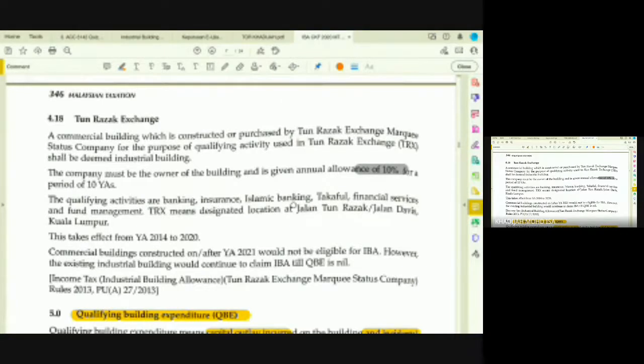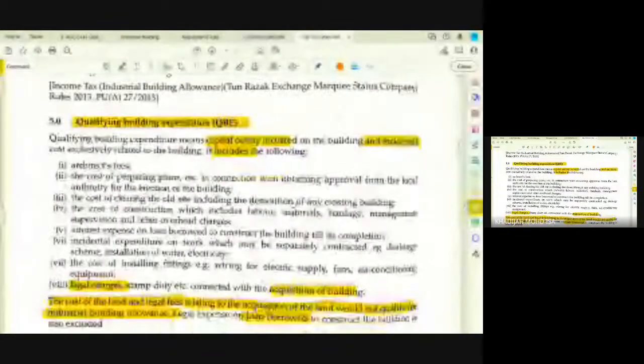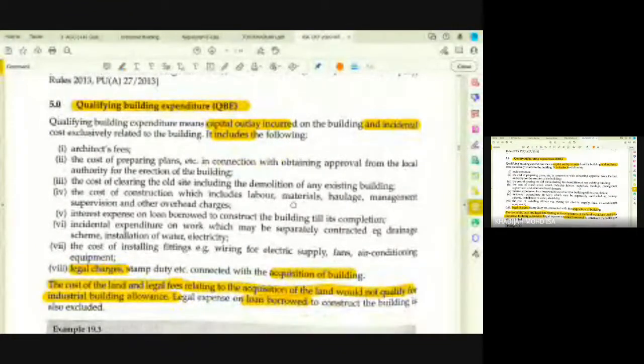Okay, right. So next is the more important topic, which is how to decide on your qualifying building expenditure, your QBE, qualifying building expenditure. It means that you can incur expenditure on the building, but you have to decide whether that expenditure is qualifying or not. Qualifying here means that it's qualifying for you to claim industrial building allowance, right?